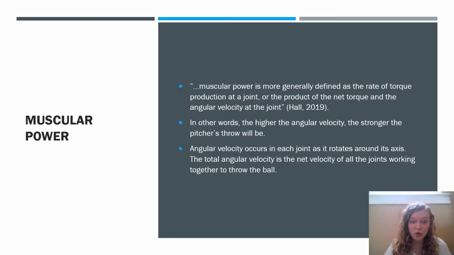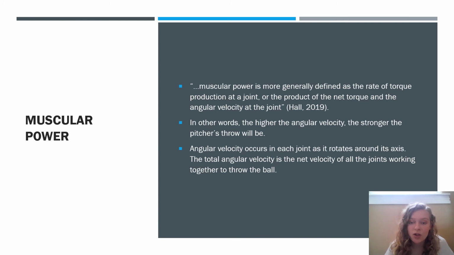Related to force, we're going to have muscular power, and muscular power is more generally defined as the rate of torque production at a joint, or the product of the net torque and the angular velocity at the joint. So in other words, the higher your angular velocity, the stronger your pitch will be.